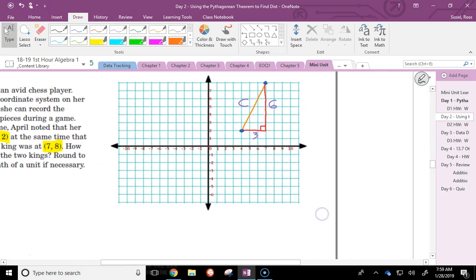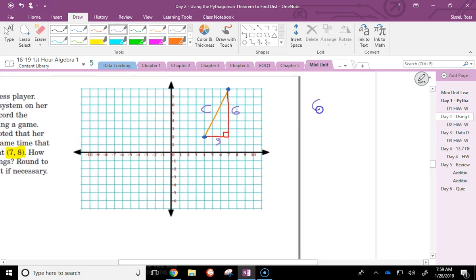And I'd write my equation. 6 squared plus 3 squared equals c squared. 36 plus 9 is c squared. 45 is c squared.